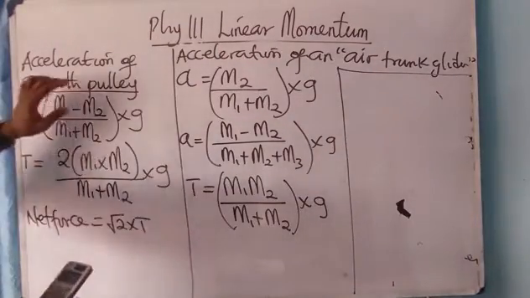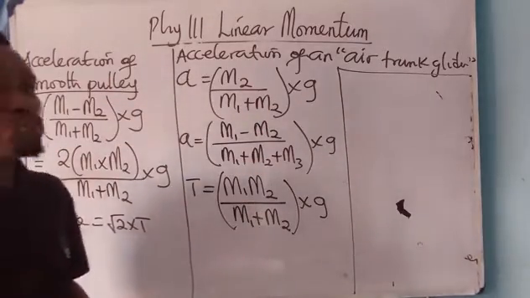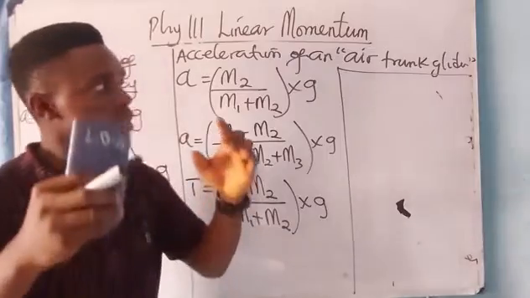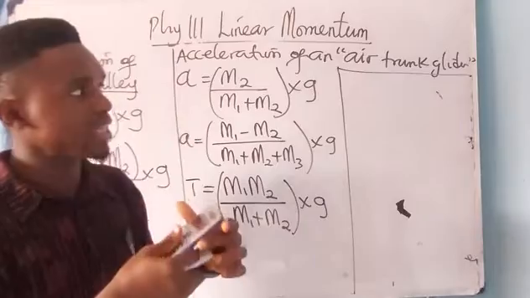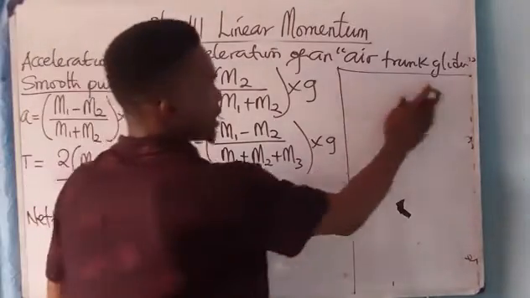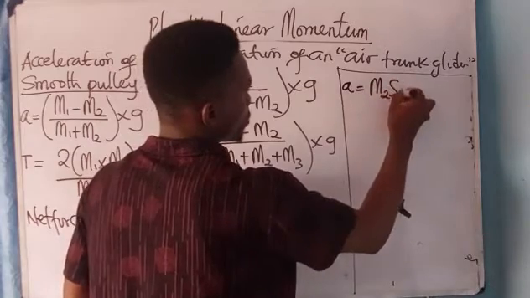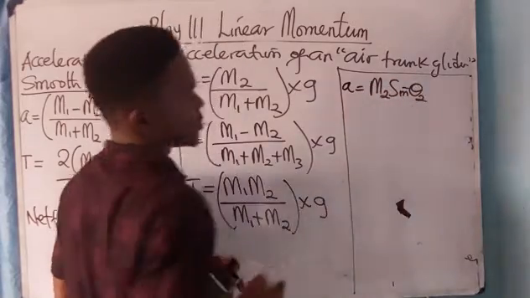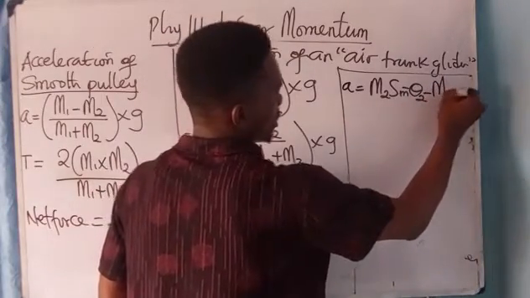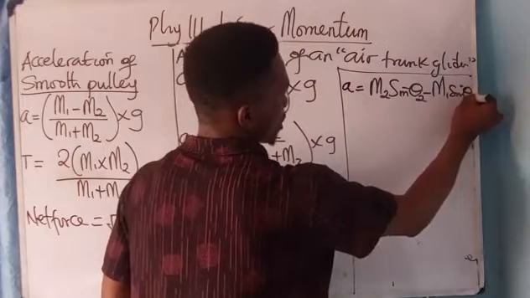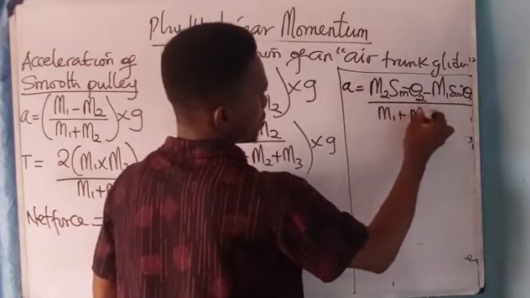Now I believe all these things are entering. This is for smooth pulley, this one is for air track glider. If you now have 2 masses or 2 objects joined together and they are inclined at an angle, the acceleration is usually m2 sine theta 2 minus m1 sine theta 1 over m1 plus m2.